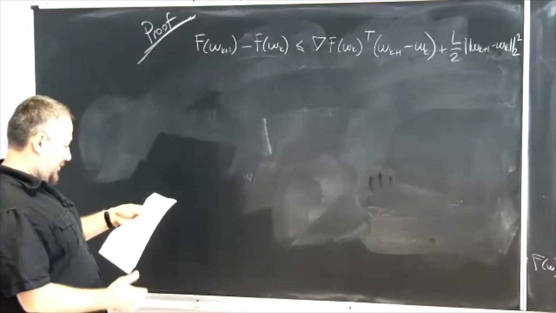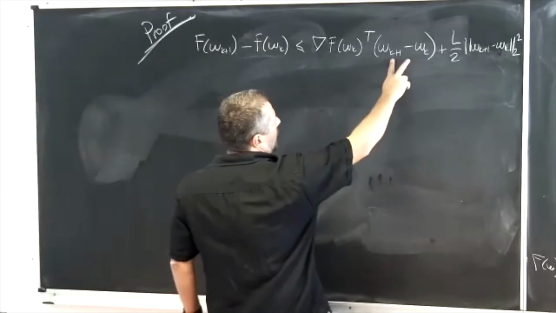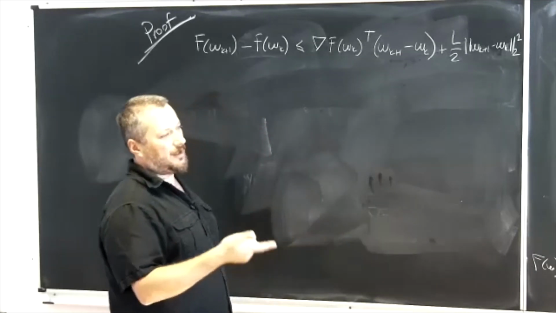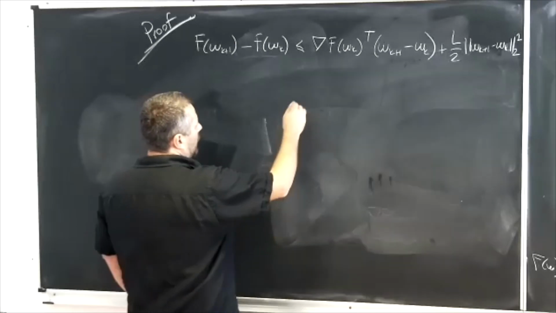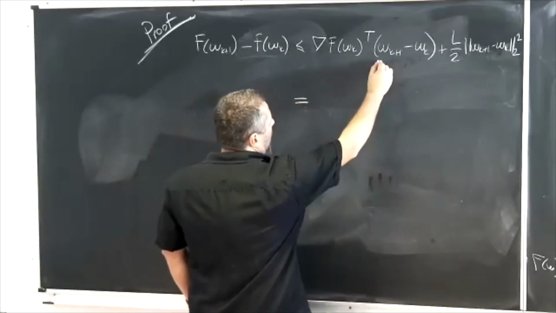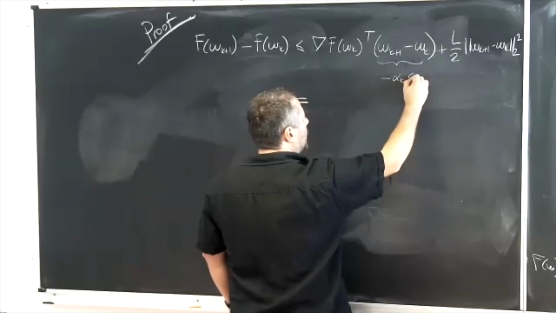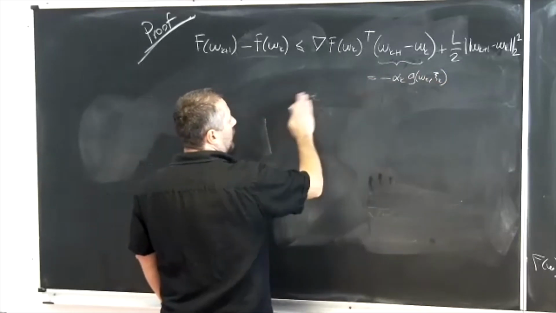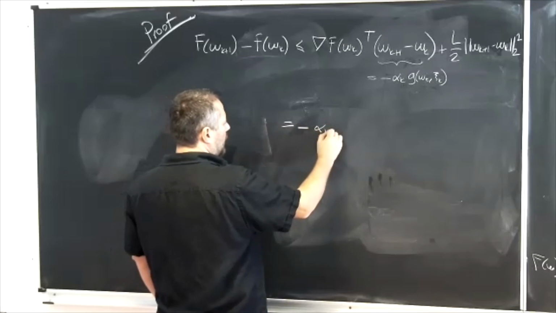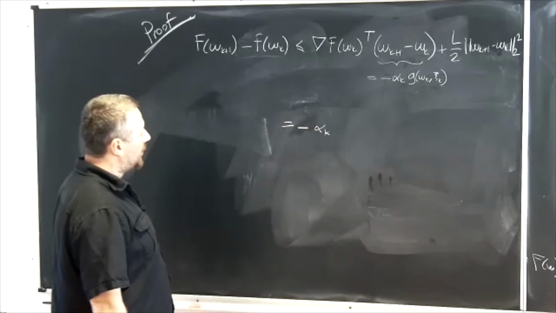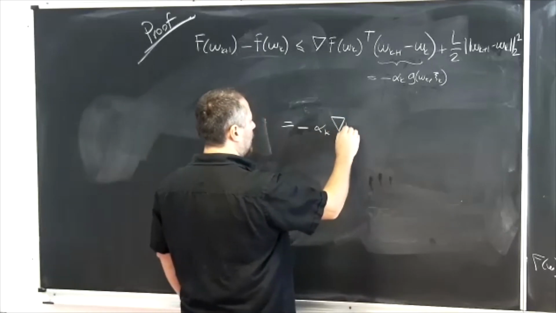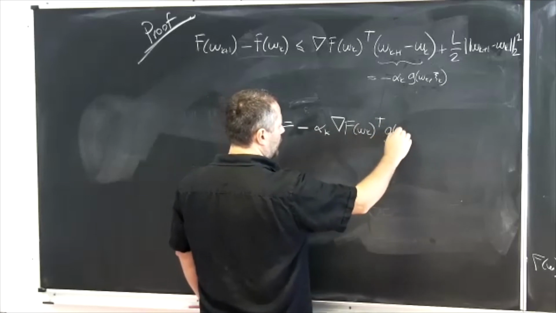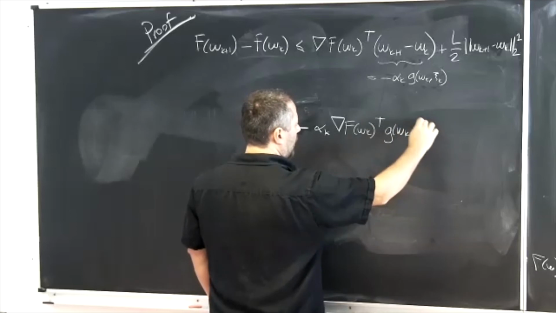And what is the definition of this? In gradient descent, you move from one point to the other by subtracting α_k times the approximate gradient. So ω_{k+1} minus ω_k is negative α_k g(ω_k, ξ_k). If I take the negative α_k out of this inner product, then I have the gradient of f(ω_k) transpose, and what is left is g(ω_k, ξ_k).